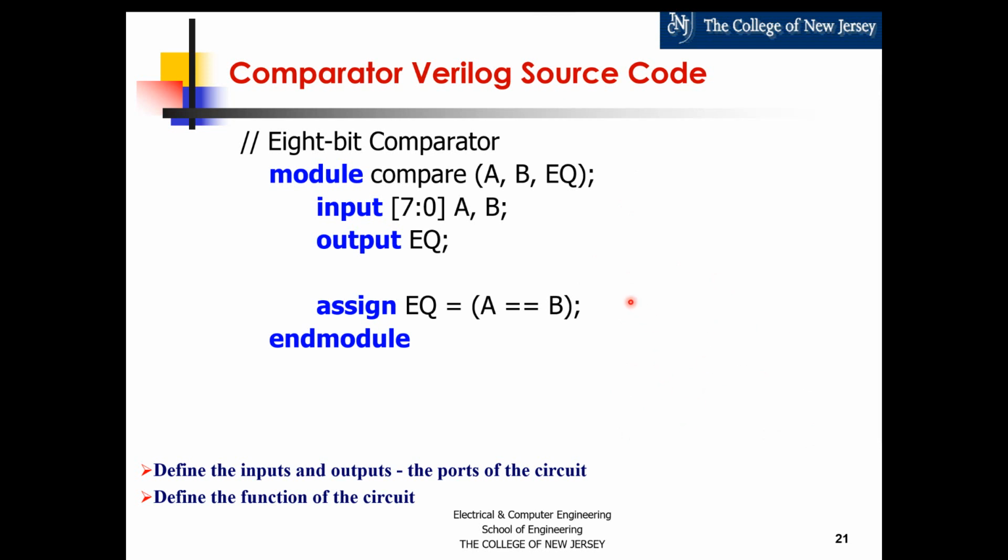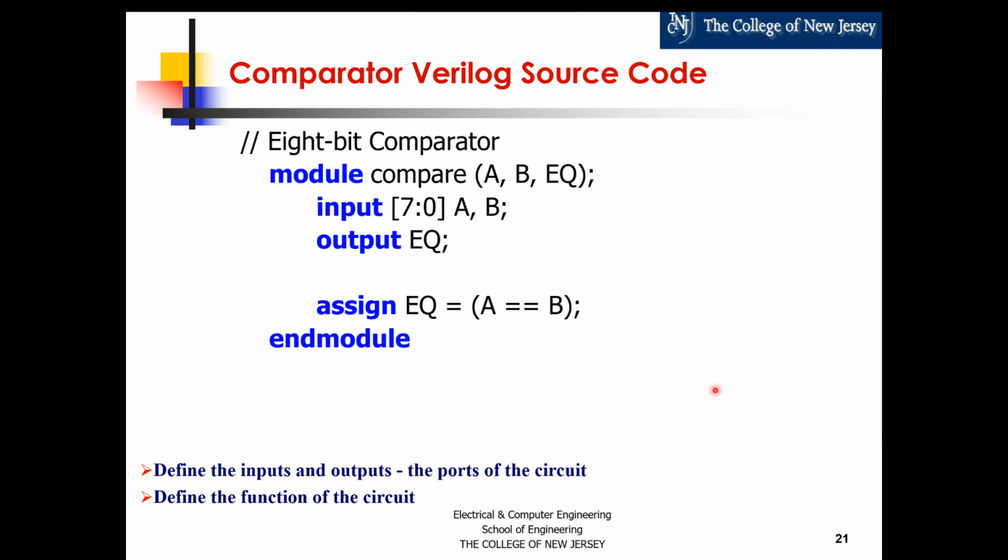Now, what happens if I told you that I want to change this circuit so that it is no longer 8 bits, that the inputs are 64 bits each? Now you need 64 exclusive NOR gates and 1 64 input AND gate. You see the problem there? How do I change this to handle 64 bits? I just have to change that 7 to 64. That's it.